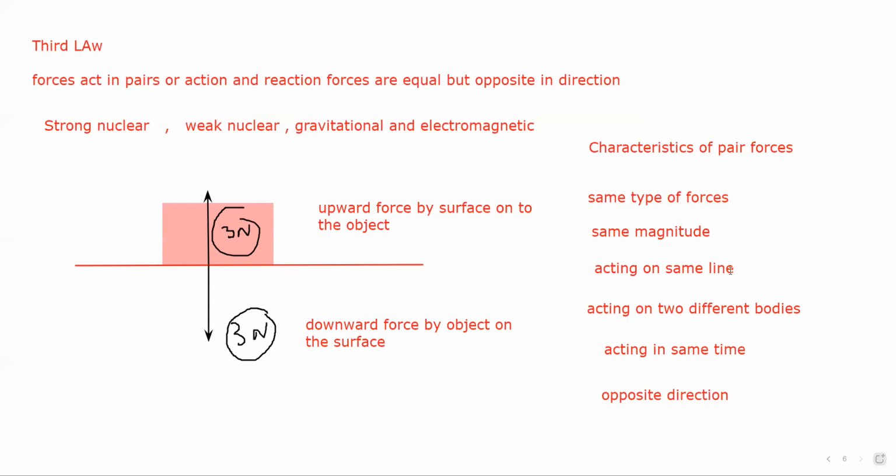So for example, this is Earth and you're standing on the surface of the Earth. If we are asked to identify the Newton pair forces, what are they? First thing, Earth is pulling us by a force, and according to Newton pair force, we are also pulling the Earth with the same force but in opposite direction and acting in the same line.